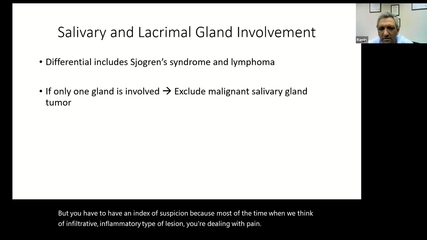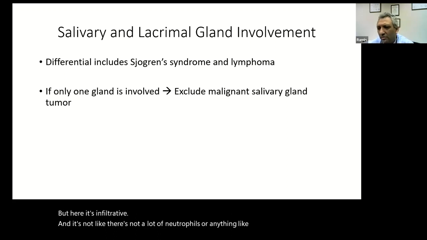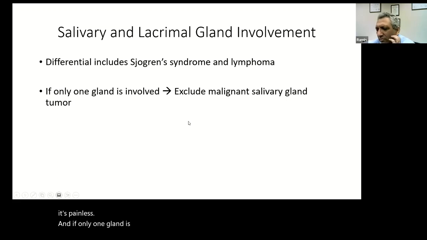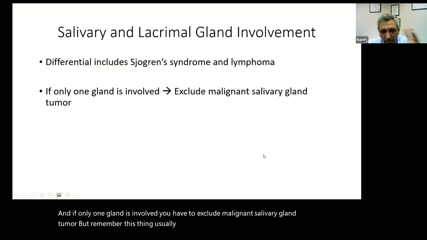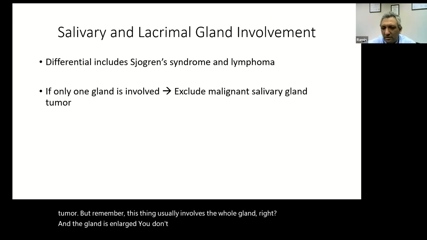But here it's infiltrative, and there are not a lot of neutrophils or anything like that in this, so it's painless. And if only one gland is involved, you have to exclude malignant salivary gland tumor. But remember, this usually involves the whole gland, right? And the gland is enlarged. You don't see any discrete mass other than the gland being big.